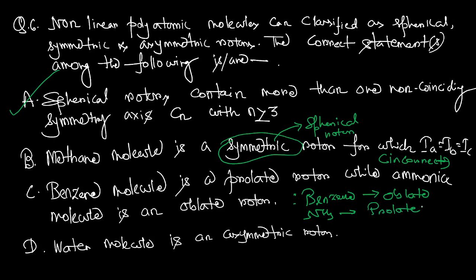Both of them are symmetric top molecules because both of them possess a Cn axis with n greater than or equal to 3, like NH3 is C3v symmetric, whereas benzene is D6h symmetric. So this is an incorrect one.